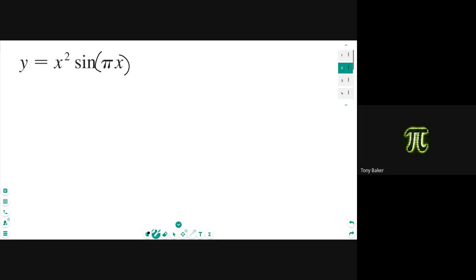If you don't see parentheses, you can assume everything after the sine is part of that sine until you get to a plus or a minus or something like that.